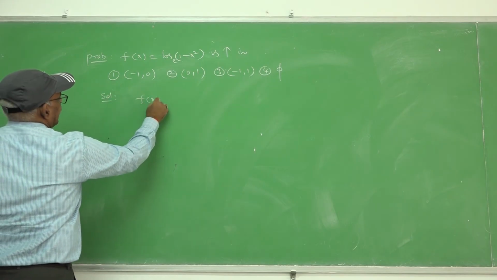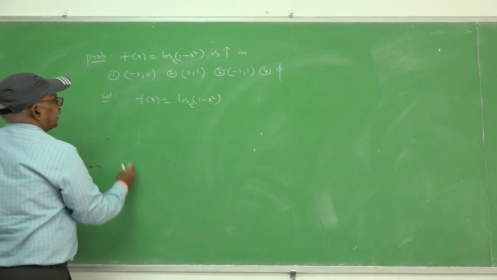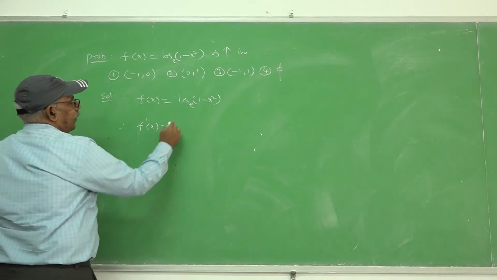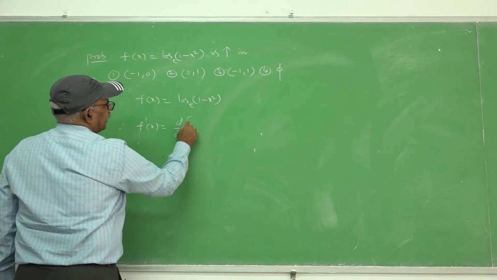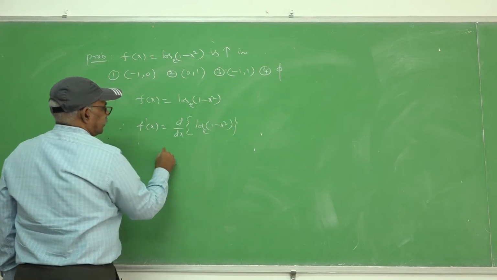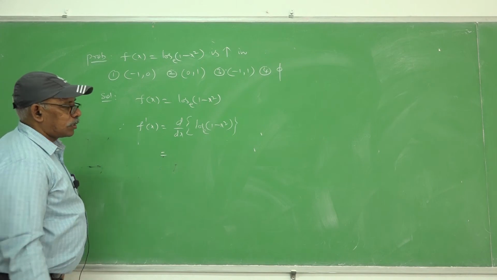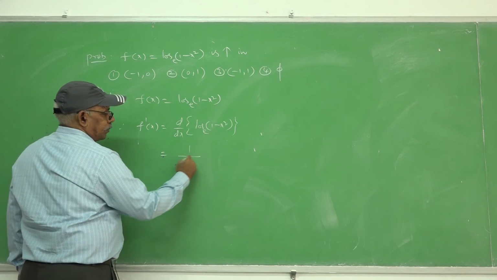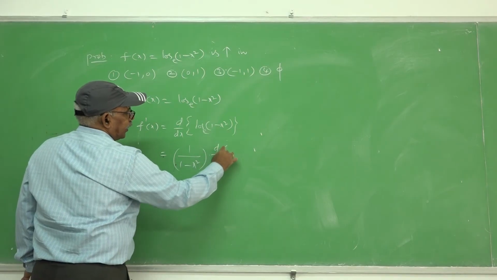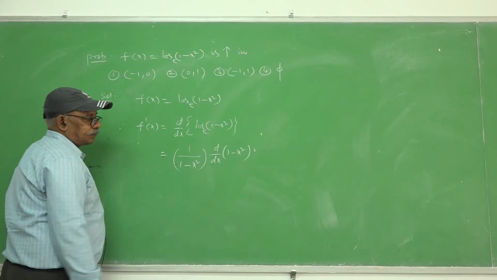Given f(x) equal to log of 1 minus x square to the base. Therefore, the first derivative f dash x is the derivative of the function log of 1 minus x square. For the logarithmic function, the derivative is 1 by 1 minus x square. Of course, again the derivative of 1 minus x square follows by the function of a function rule.